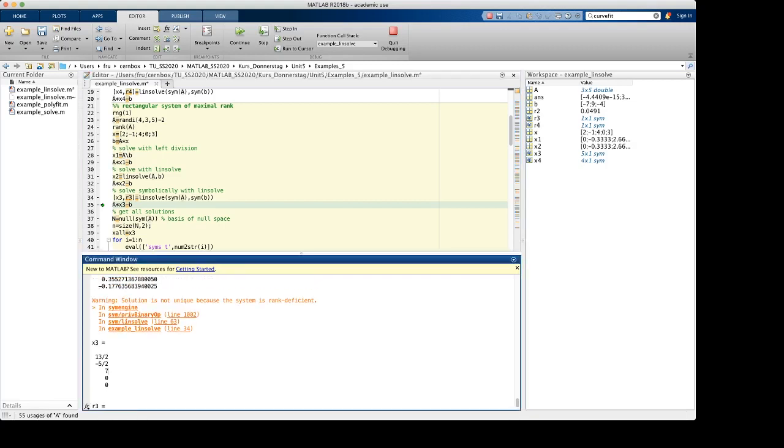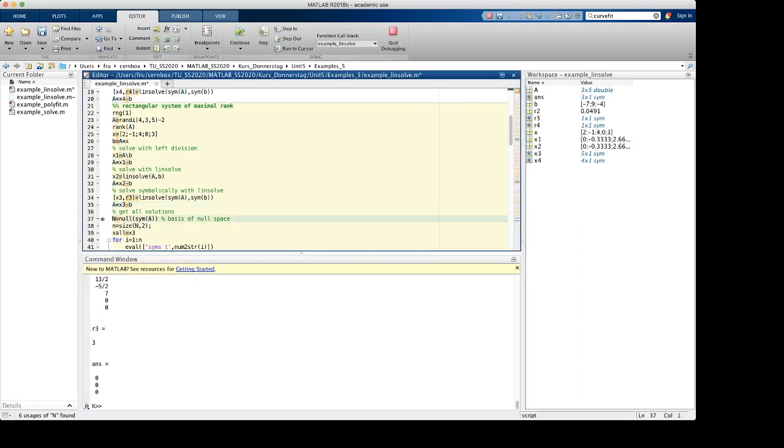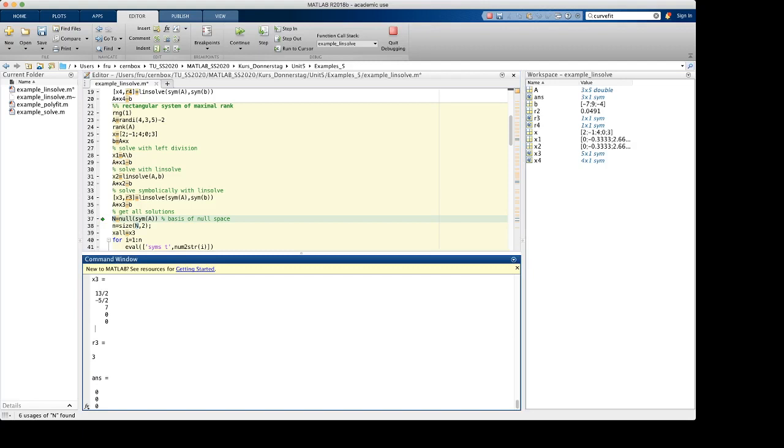And now we get a warning: solution is not unique because the system is rank deficient, which means there are an infinite number of solutions, but the solution we get is a correct one. A times x3 minus b is exactly 0. So we get a single symbolic solution, which, by the way, is different from the ones before.